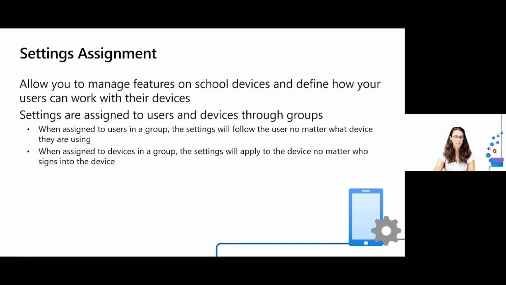These settings allow you to manage features on school devices, and they will help enable the student experience that we have seen in the beginning, and make sure the devices are working properly for a specific group of students. But here it's important to think about how to assign them.